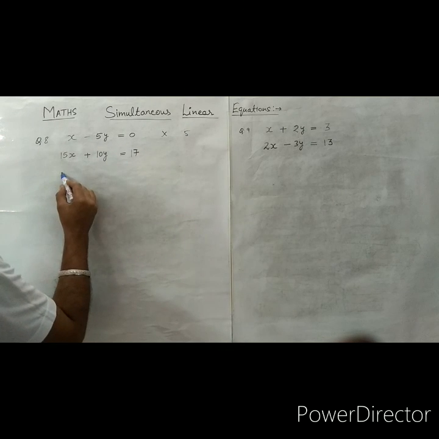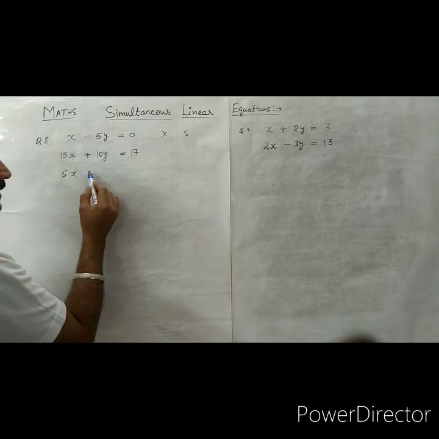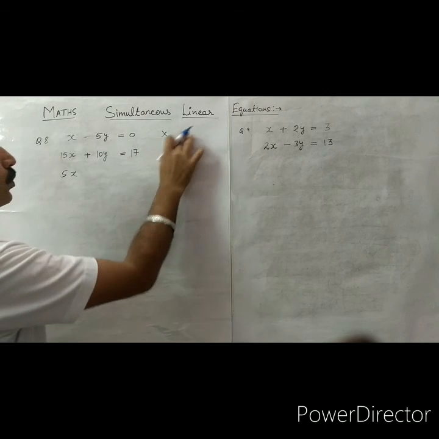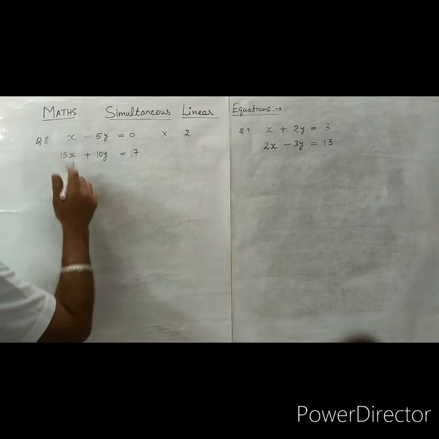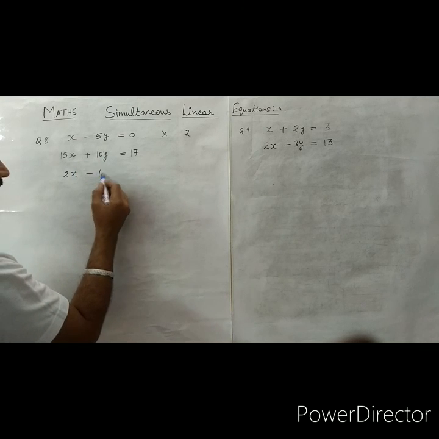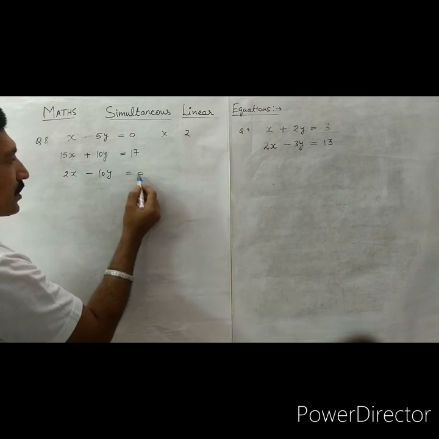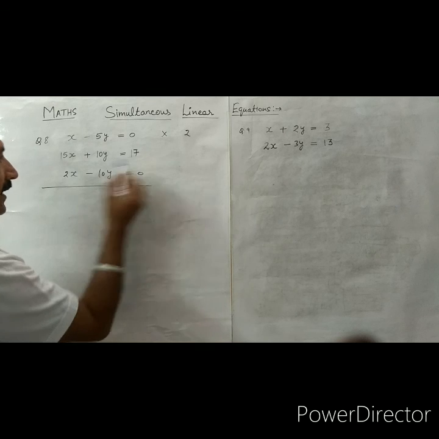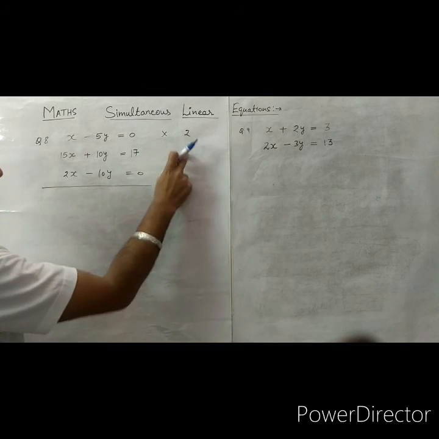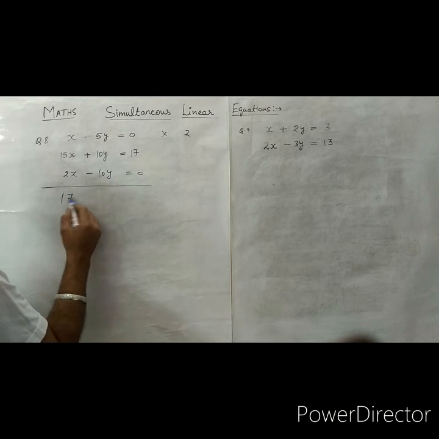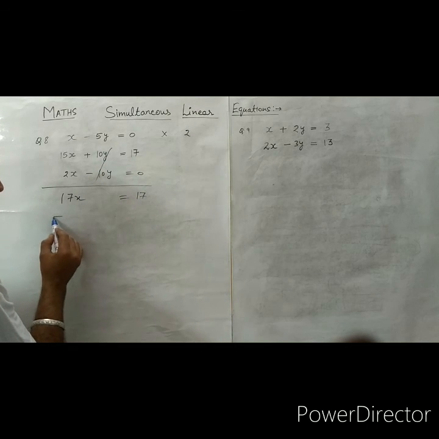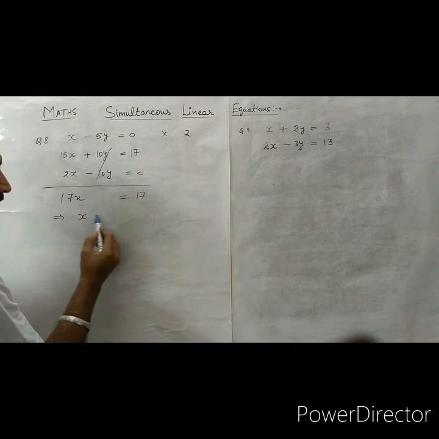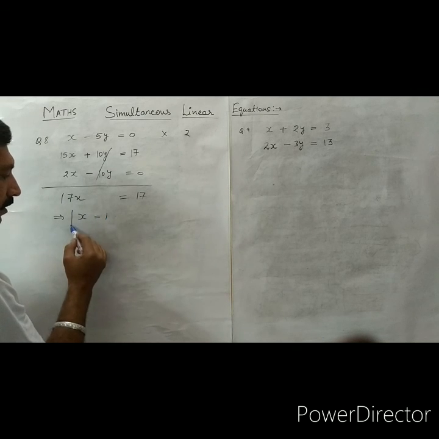We get 5x minus 25y is equal to 0. Here adding, this is equation number 2 and 3, adding 2 and 3, we get 17x is equal to 17. So this implies that x is equal to 1.